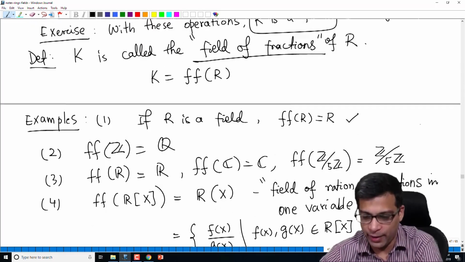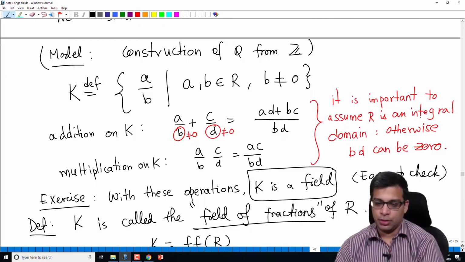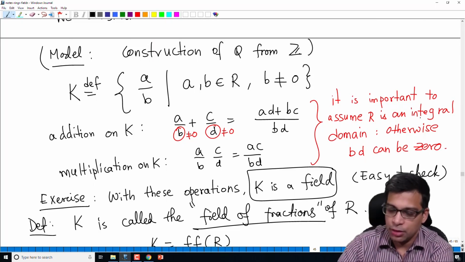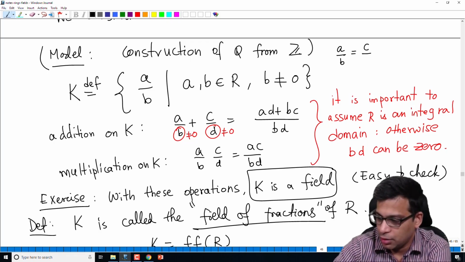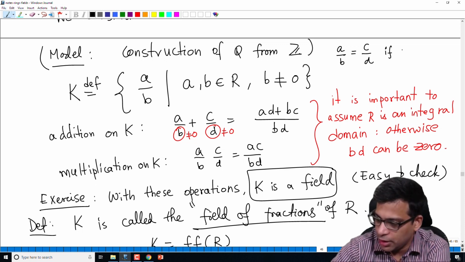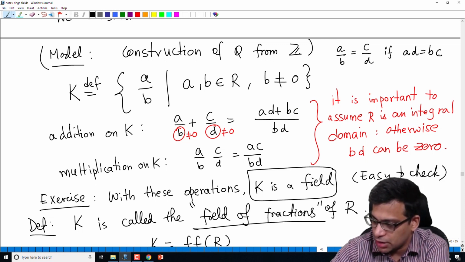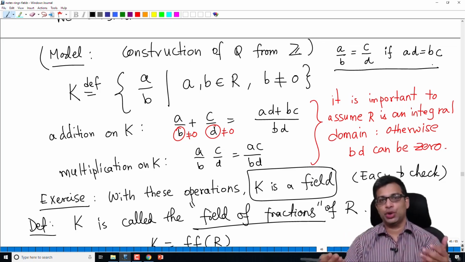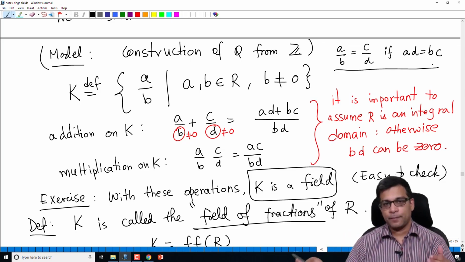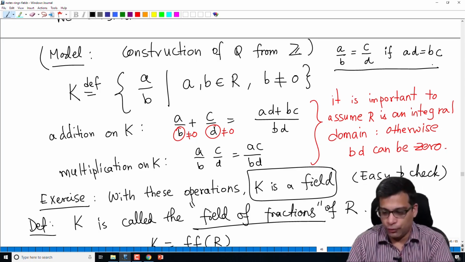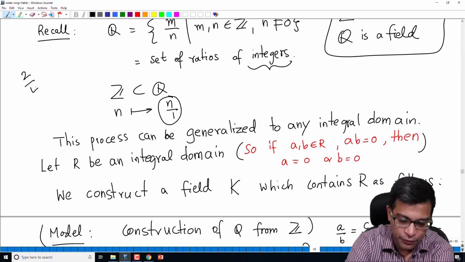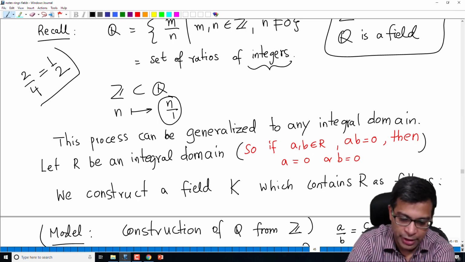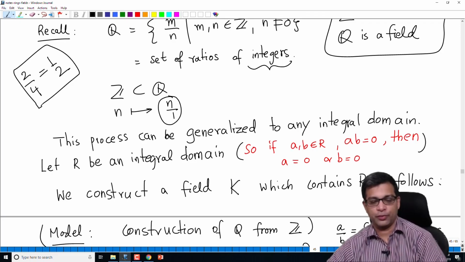Actually I should go back to the definition of the fraction field. I should have mentioned this carefully. Remember that two fractions can be the same. We say that a by b equals c by d if ad is equal to bc. So we are not looking at all ratios or all fractions directly. We are looking at fractions under this equality. Of course this is something that you are familiar with. In the case of rational numbers, 2 by 4 is not considered a different fraction than 1 by 2. 2 by 4 is the same as 1 by 2.